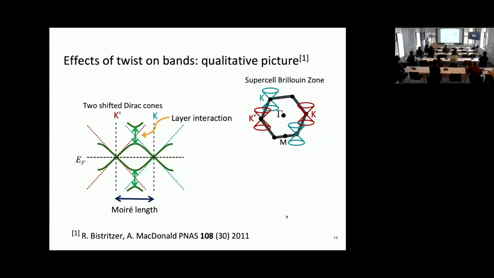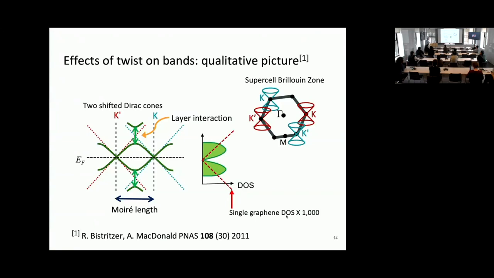So these are shown as dashed lines here, and of course they intersect. The distance between the centers of these cones is dictated by the Moiré length scale, by the twist angle. So the smaller the angle, the closer these two cones are. Where the cones intersect, of course, this degeneracy will split, and the amount of splitting has to do with the interaction between the layers. So there's two different energy scales here.